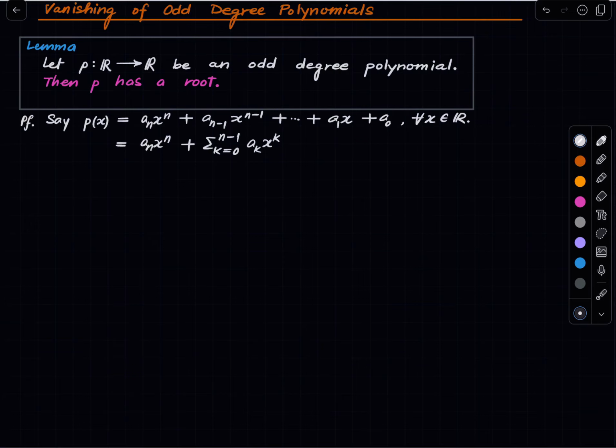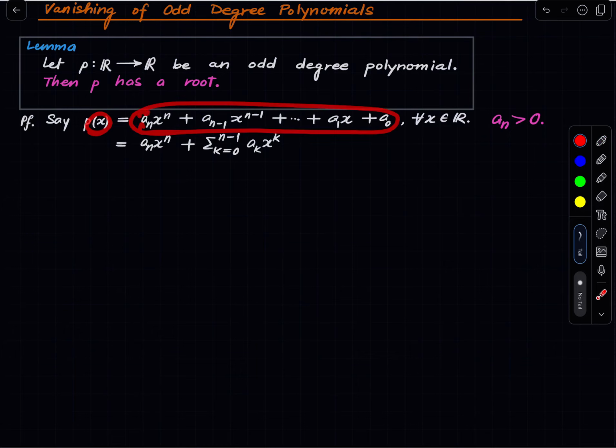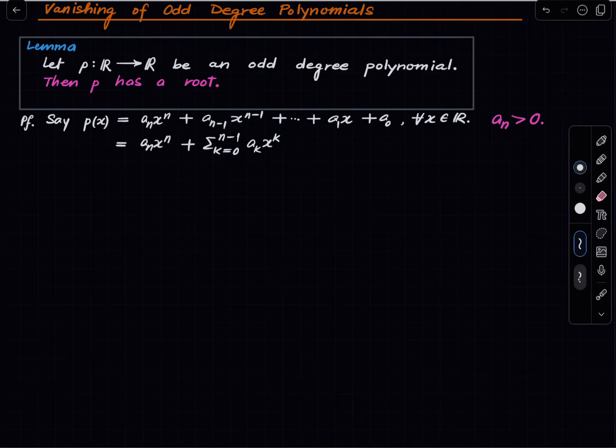And we may assume that the leading coefficient is positive. When we write p(x) as that, there are two cases: either this thing is positive or negative. I'll just argue in the positive case. A very similar argument will also go through in the negative case. So p(x) is that thing, which we can also write in a separate line.